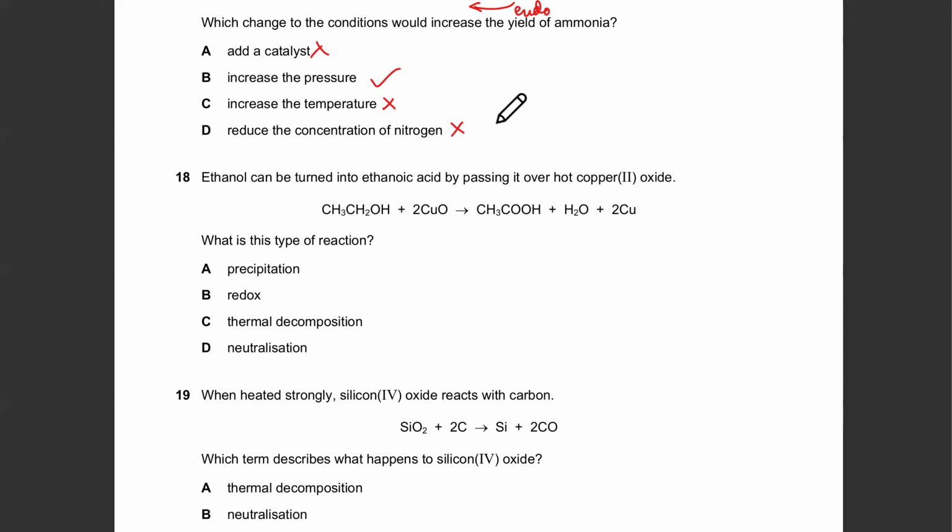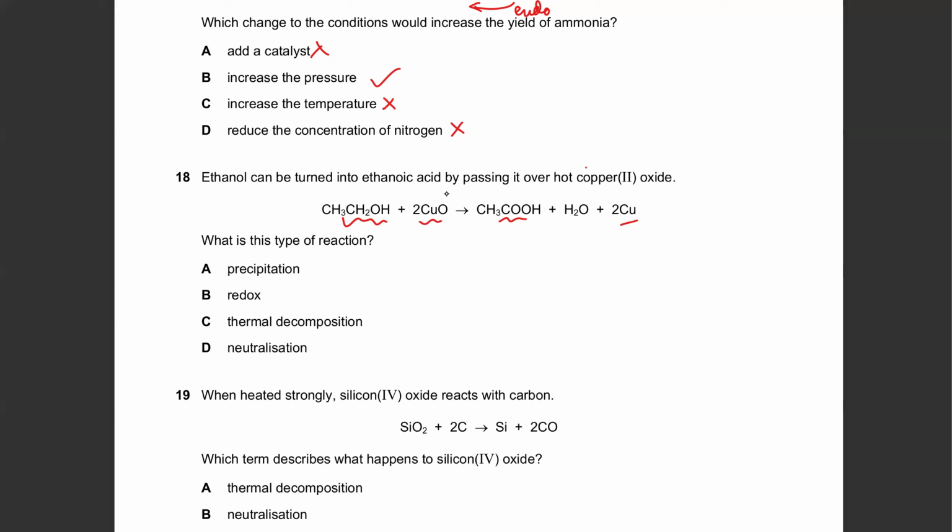Now ethanol can be turned into ethanoic acid by passing it over hot copper 2 oxide. What is this type of reaction? An alcohol turning into a carboxylic acid. Copper oxide turning to copper.